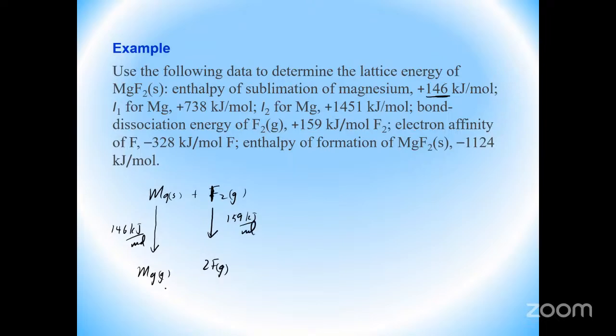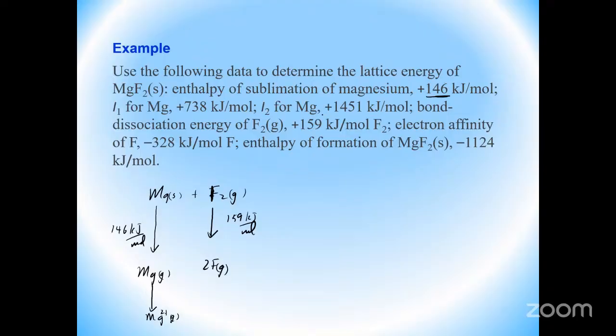Okay, then we get to going from magnesium to magnesium 2+ gaseous ions. Now, because there are 2 electrons that you have to remove from the magnesium, that means that you have to add the first and second ionization energy to get the total energy required to remove those 2 electrons, right?